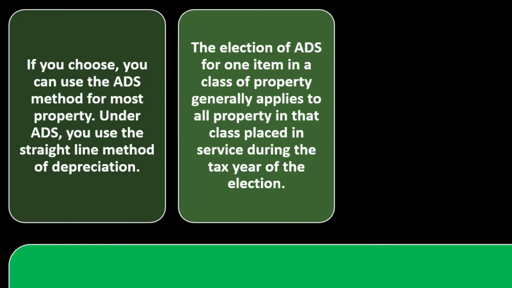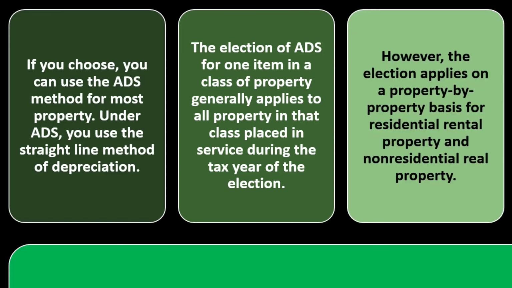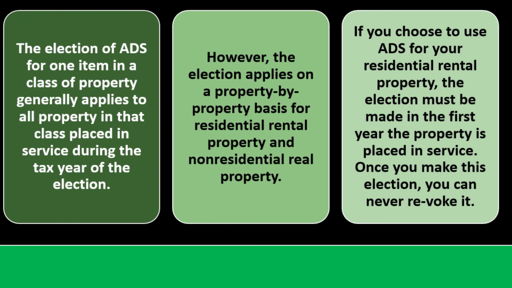And so you can imagine situations where you could elect out of that and use a straight line method. So the election of ADS for one item in a class of property generally applies to all property in that class placed in service during the tax year of the election. However, the election applies on a property by property basis for residential rental property and non-residential rental property. If you choose to use ADS for your residential rental property, the election must be made in the first year the property is placed in service.